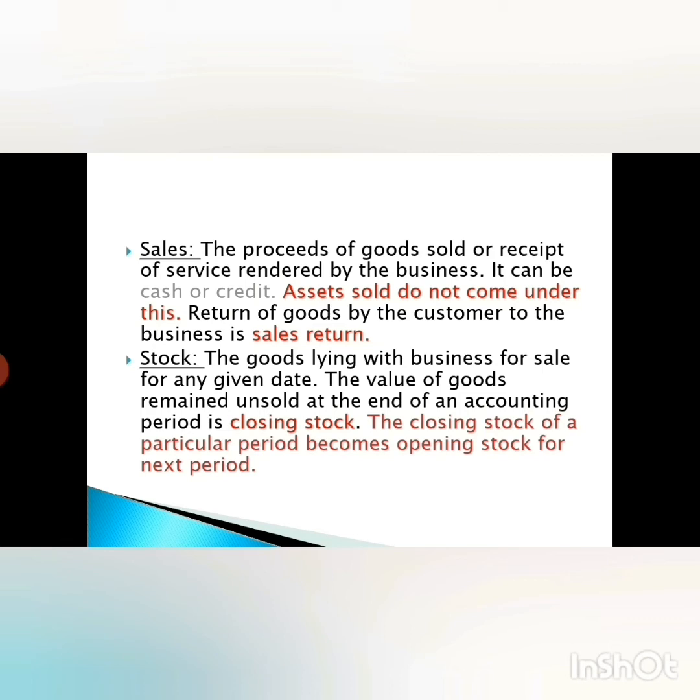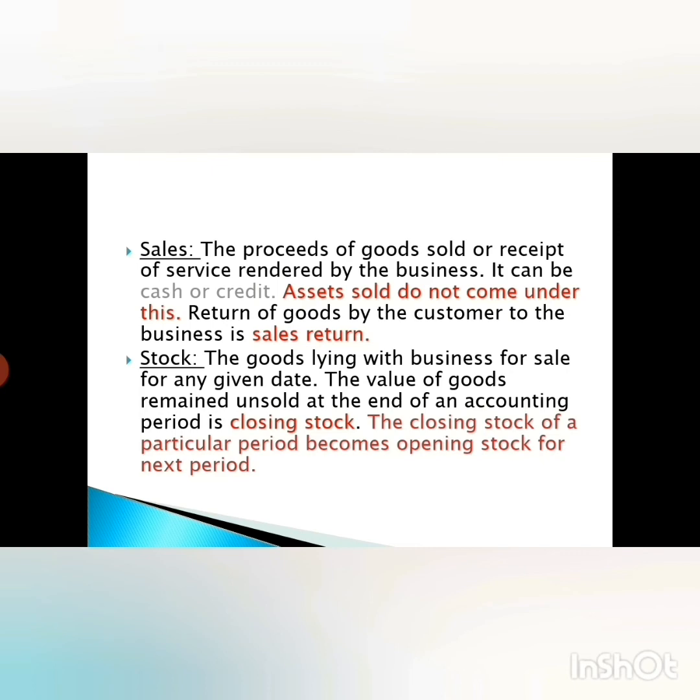The closing stock is the amount at which each accounting period ends, for example, 31st March 2018. What stock is with the business on this date, 31st March 2018, is known as the closing stock.